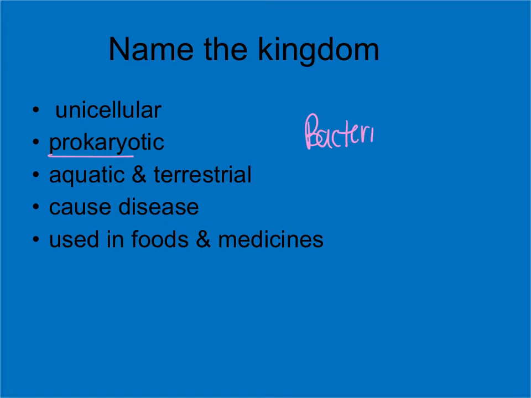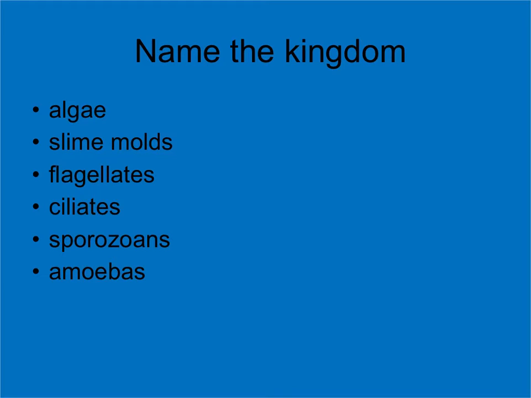And there's only two kinds of bacteria, either archaebacteria or eubacteria. If they cause disease and are used in foods and medicines, they're true bacteria, so they're eubacteria. Okay, algae, slime molds, flagellates, ciliates, sporozoans, and amoebas. What kingdom is this? Hopefully you recall, this is Protista, or protist.